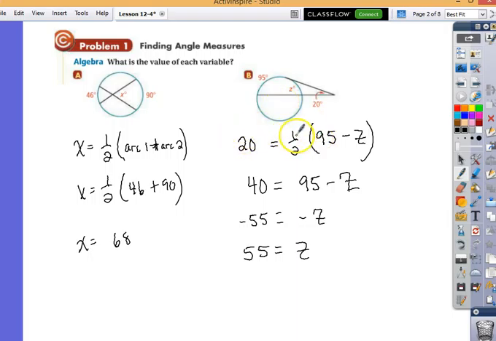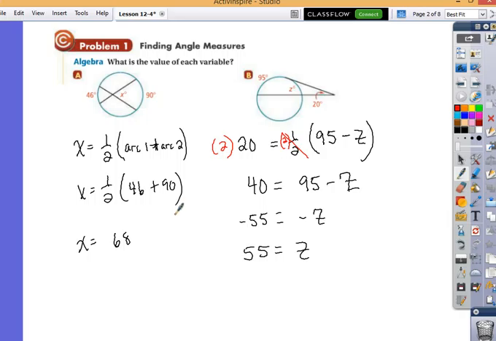So if I multiply this side by 2, I have to multiply this side by 2. 2 times 20 is 40. So effectively, let's multiply this side by 2, and let's multiply this side by 2. 2 times 1/2 cancels. 2 times 20 is 40. Does that make sense? Yes, sir.